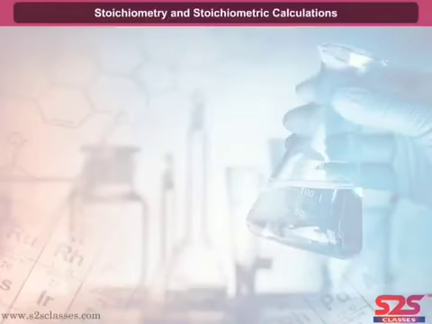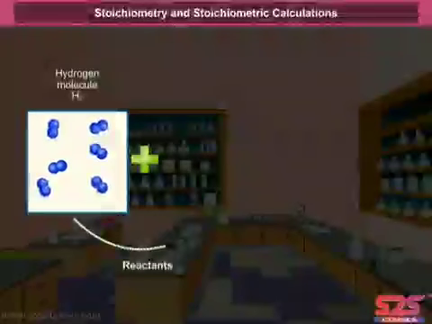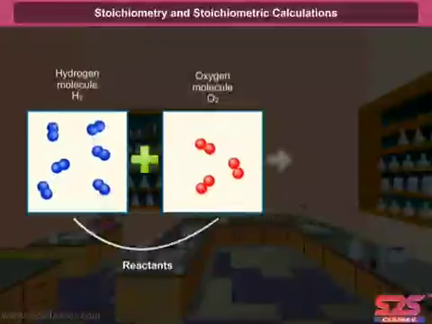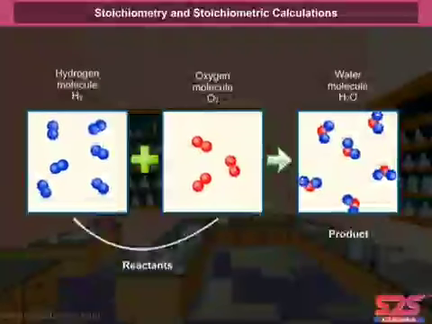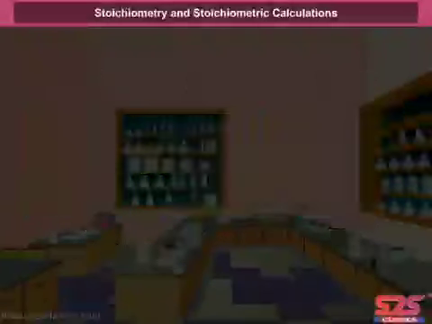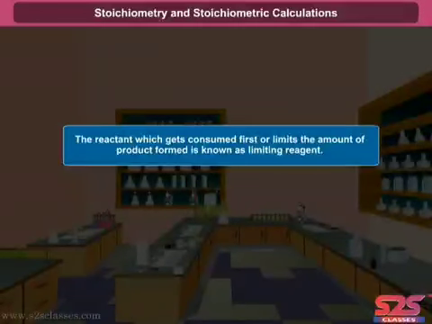Stoichiometry and stoichiometry calculations. Stoichiometry gives a quantitative relation between reactant and product in a reaction. It also helps us in identifying limiting reagents. What is a limiting reagent? The reactant which gets consumed first or limits the amount of product formed is known as a limiting reagent.